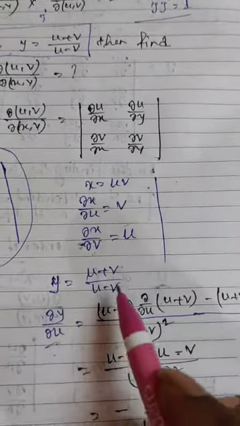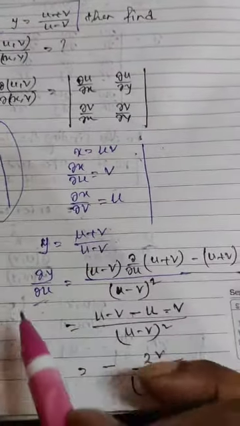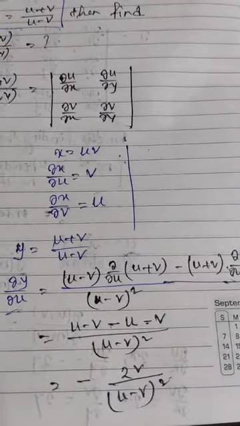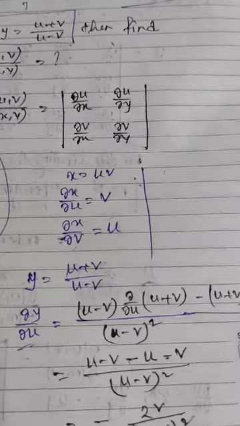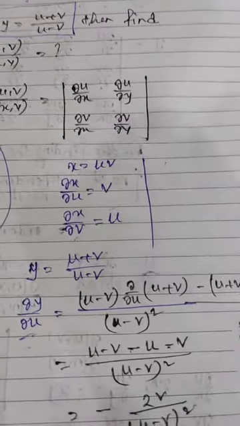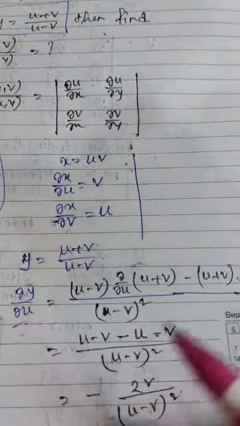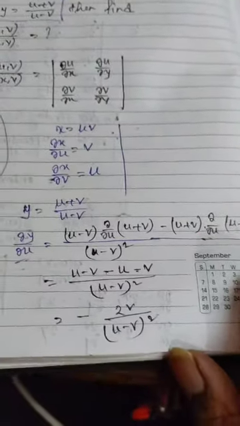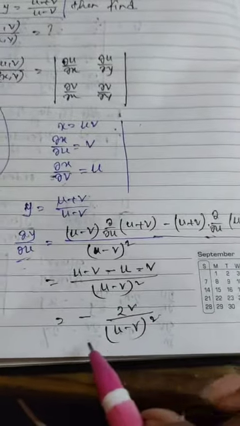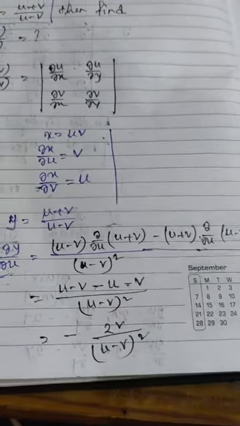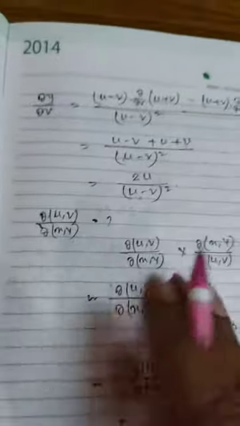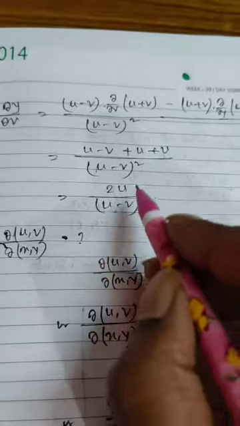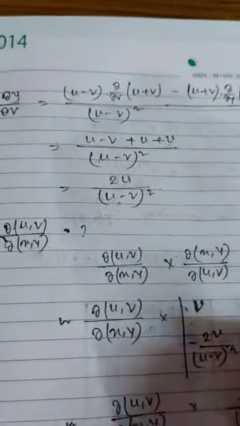And since y is equal to (u plus v) divided by (u minus v), by using the division property of derivatives we can find del y del u, which is minus 2v by (u minus v) whole square, and similarly del y del v, which is 2u by (u minus v) whole square.